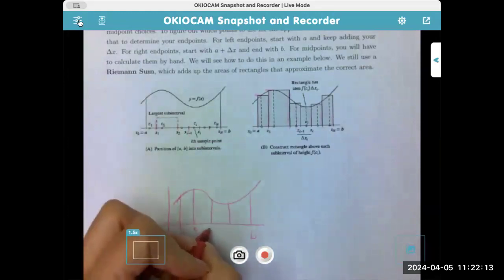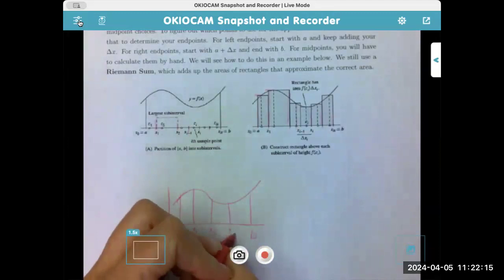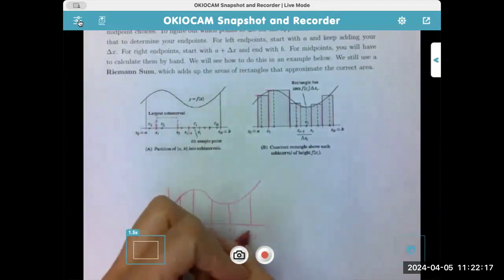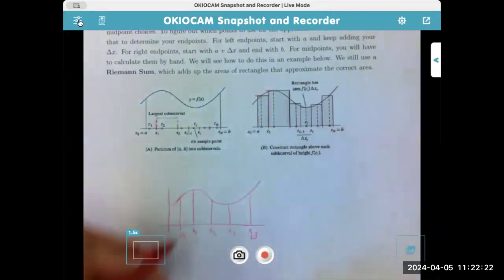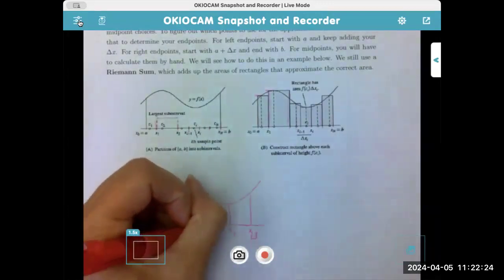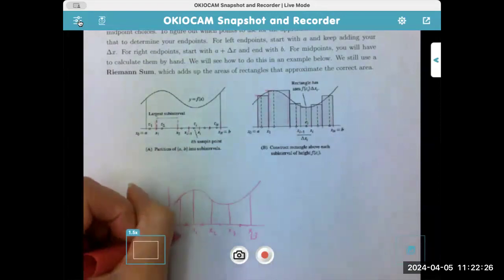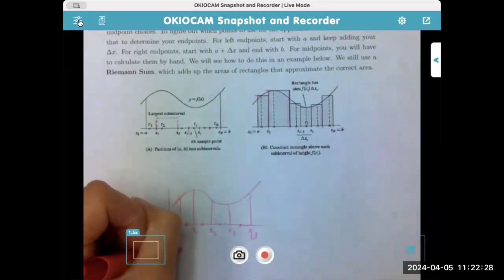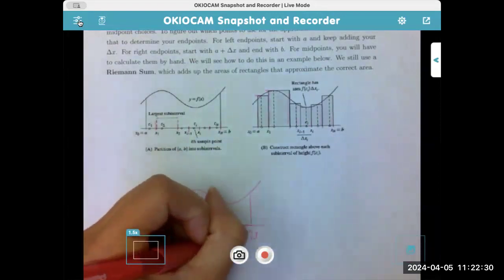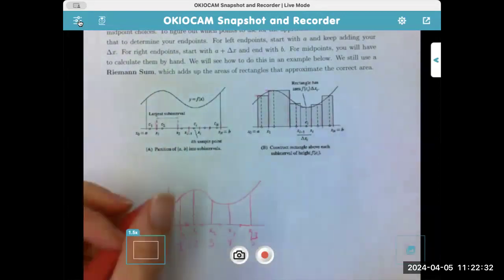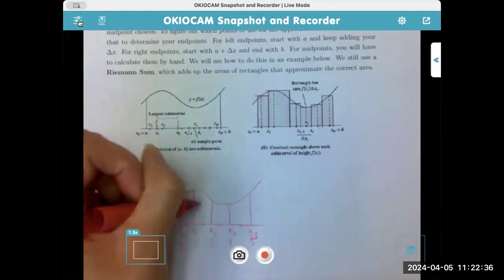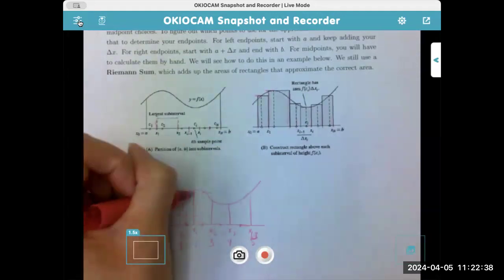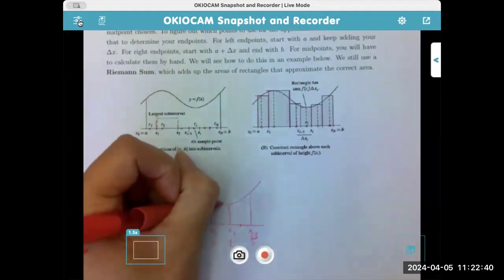X sub 1, X sub 2, X sub 3, and then this would be X sub 4. If we want midpoint, so here's a midpoint. Let's say this is just 1, 2, 3, 4, and 5 for easy math for my brain. Then the midpoint is literally the middle point of these numbers.